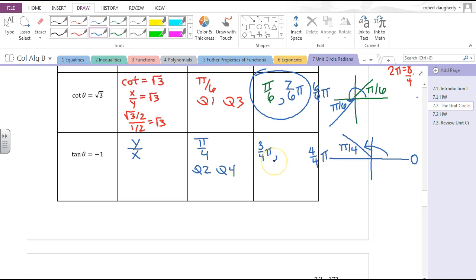So that's the quadrant 2 angle. The quadrant 4 angle: if I were measuring this angle, I did not make it to a full revolution. A full revolution would be 8 over 4 pi. I'm 1/4 short of making it there, so that is 7/4 pi.